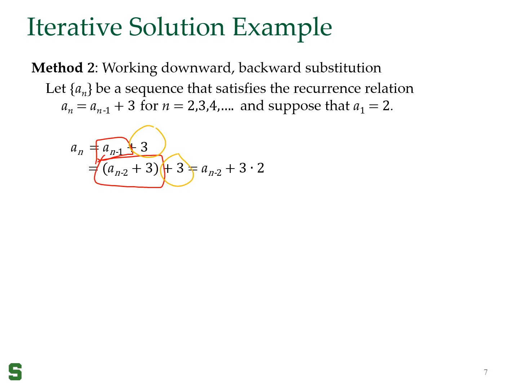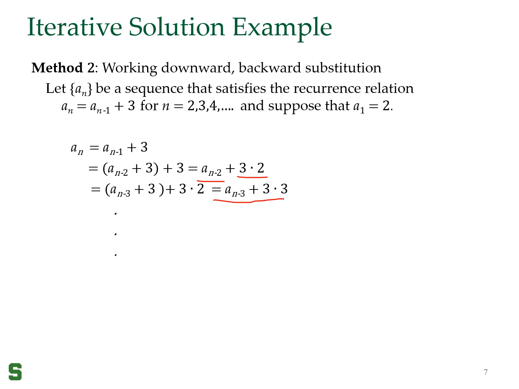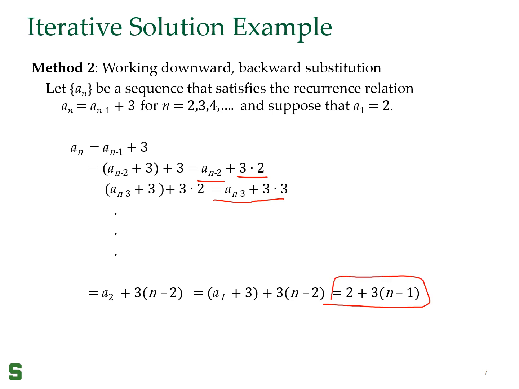So now I can see that this is a_(n-2) + 3 times 2. I can continue further and get a_(n-3) + 3 times 3. I keep going, and I will get the formula 2 plus 3 times n minus 1.